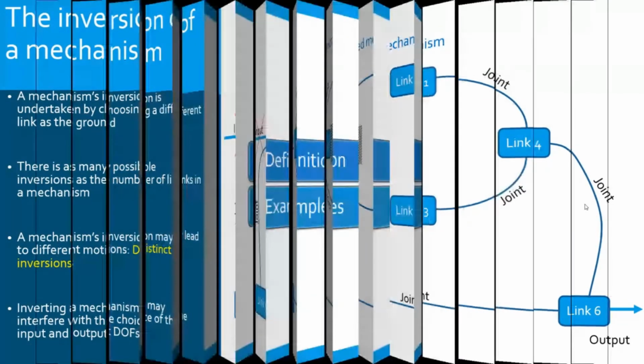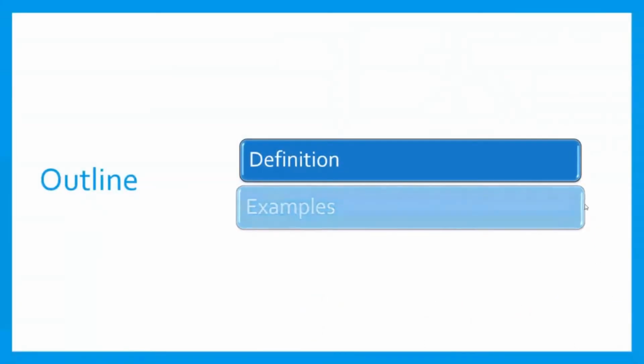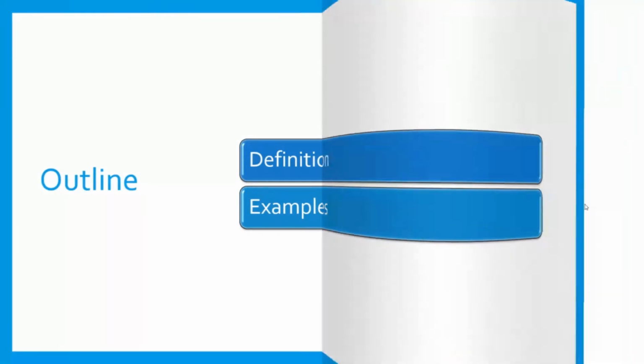This is the concept part: a definition of what a mechanism is. It's quite easy to understand what an inversion is. Now, let's try to apply this to a real case.